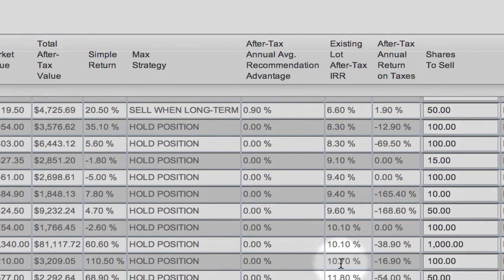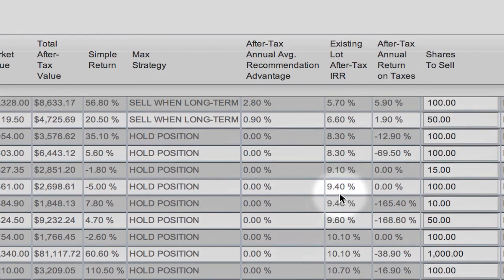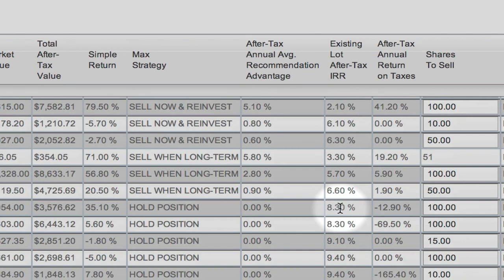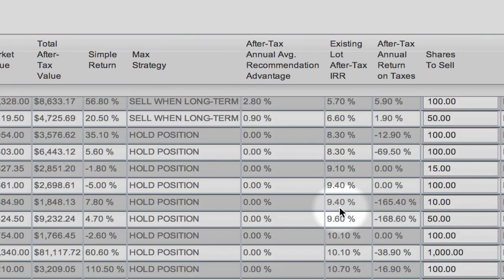One can see that as we move down the ranking, all the Sell Now ranked tax lots are sequenced in descending order of after-tax annual average recommendation advantage, or alpha, to make sure tax lots are sold first that the most after-tax value added is forecasted to be achieved. And then the ranking switches for all non-Sell Now tax lots to those being sold first with the least existing tax lot after-tax return potential remaining.